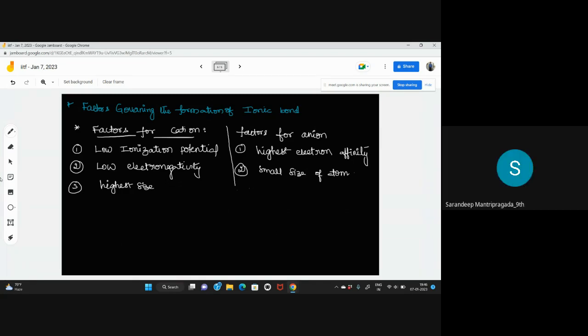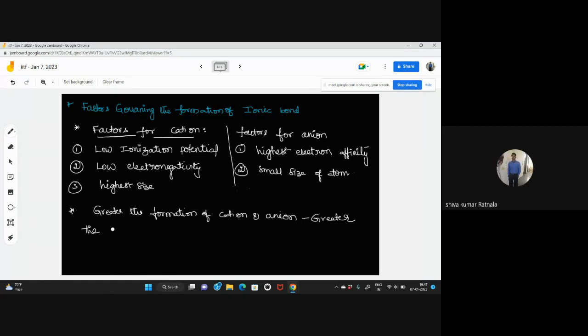Understood? Sir, electron affinity means what, sir?